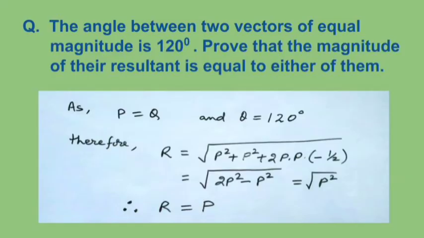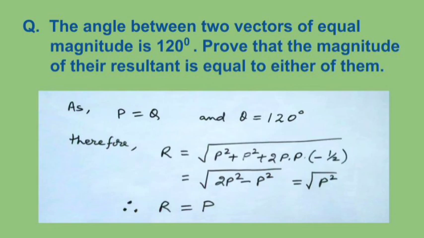One more question is, the angle between two vectors of equal magnitude is 120 degree. Prove that the magnitude of their resultant is equal to either of them. As P is equal to Q and theta is equal to 120 degree.